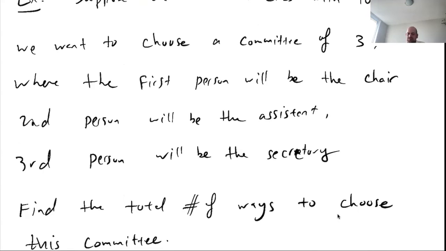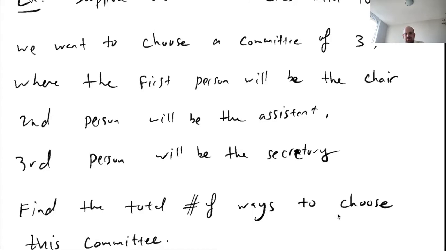If the order is not relevant, then you should not use permutation. You should use combinations, which we will see in a few minutes.